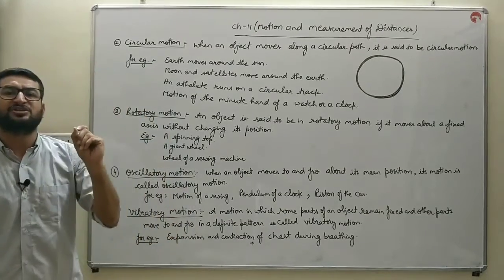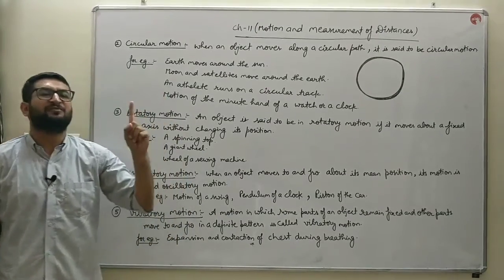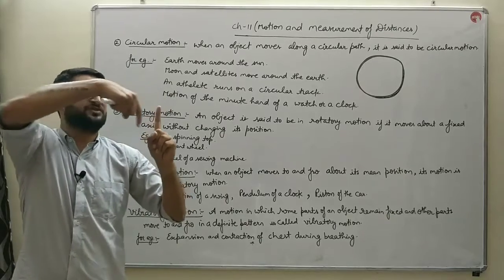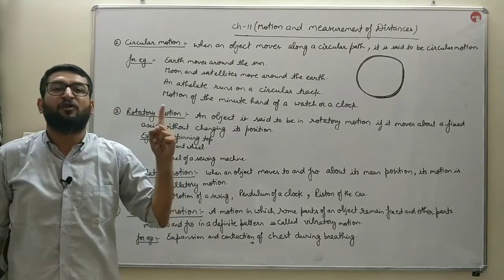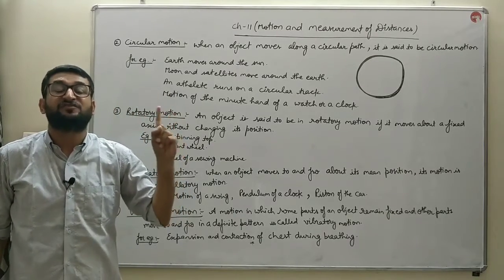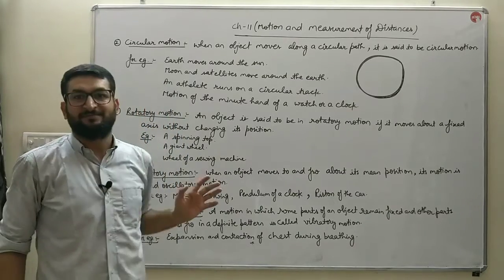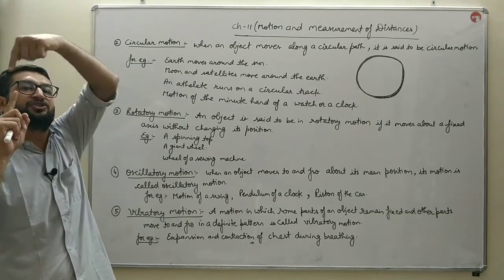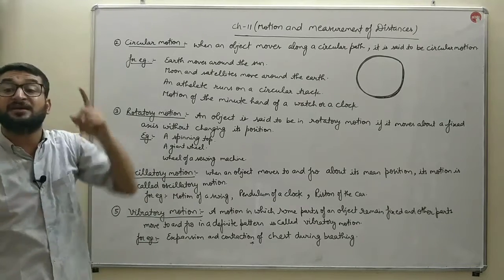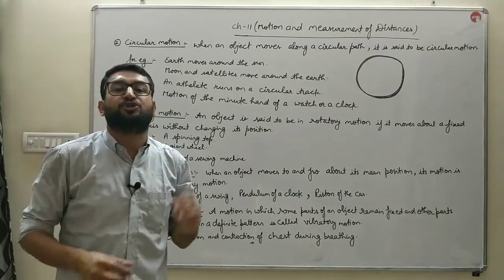In certain animated movies or in pictures, you must have observed a spherical chakra in the hand of Lord Krishna. That spherical chakra is moving in a rotatory motion. You must have seen that a chakra is artificially rotated around Krishna. That is rotatory motion.